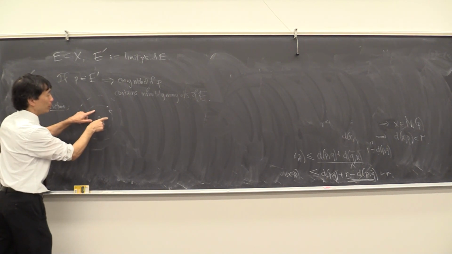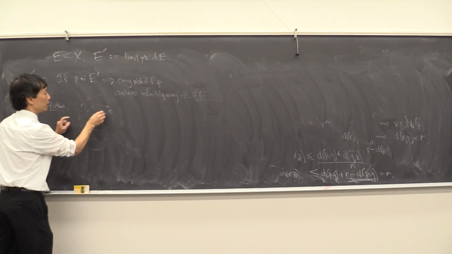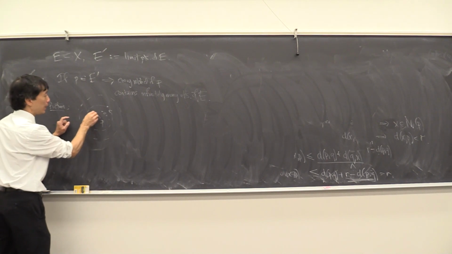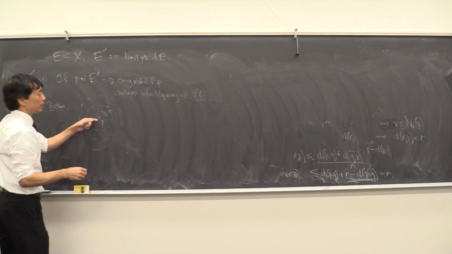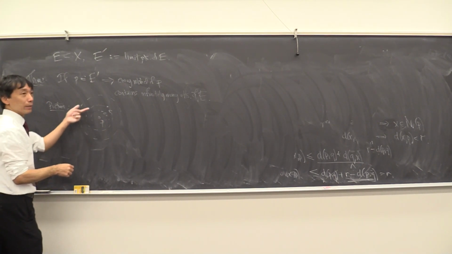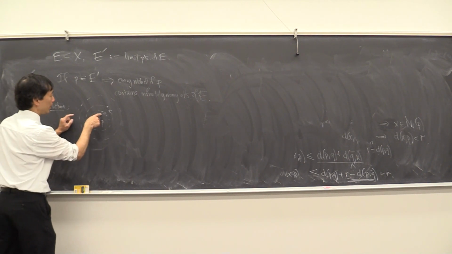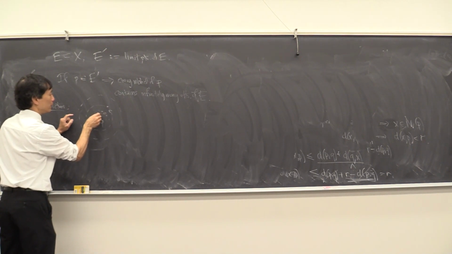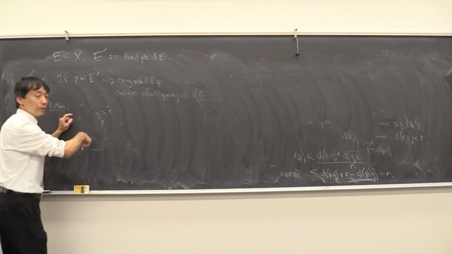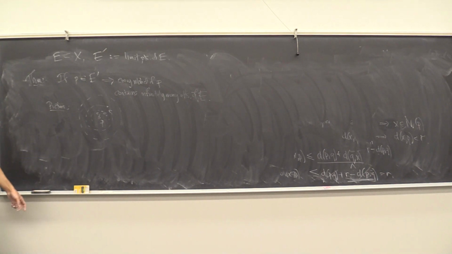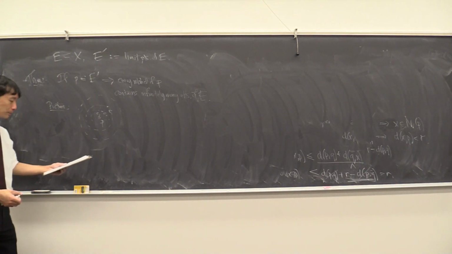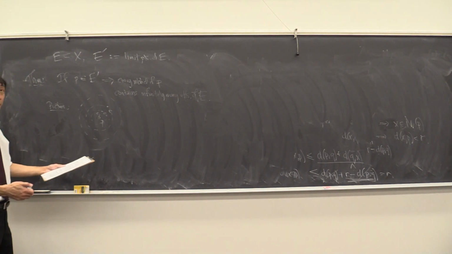This punctured neighborhood must contain some element of E. Use that as your new radius, and so on and so forth. Every punctured neighborhood must contain some element of E. It's not E2 because that's not in the set, so there must be an E3 inside there, and so on. I don't know if I want to write this out. That's basically the idea.